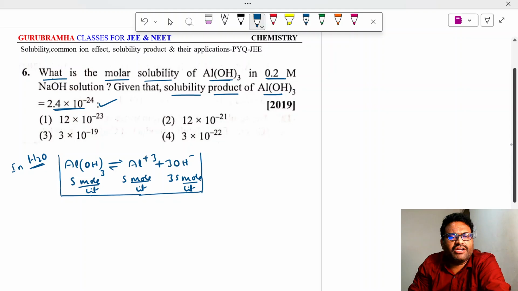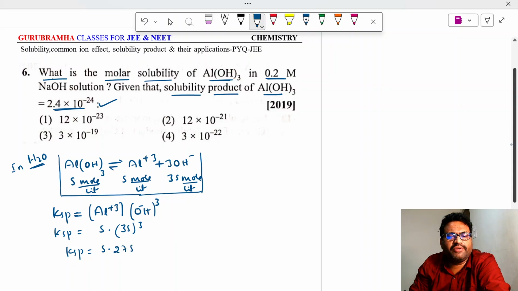Then if you write Ksp, in a saturated solution, Ksp will be equal to the Al plus 3 concentration into the OH minus ion concentration cubed. Aluminium is S into OH minus ion concentration cubed, so 3S whole cube. Ksp is equal to S into 27 S power 3, that is 27 S power 4.